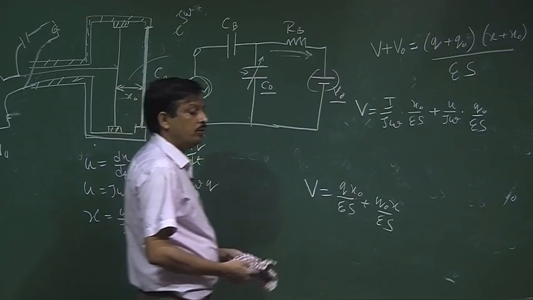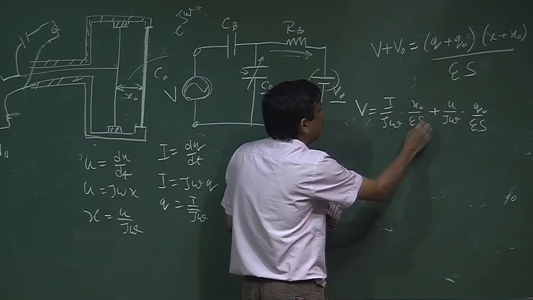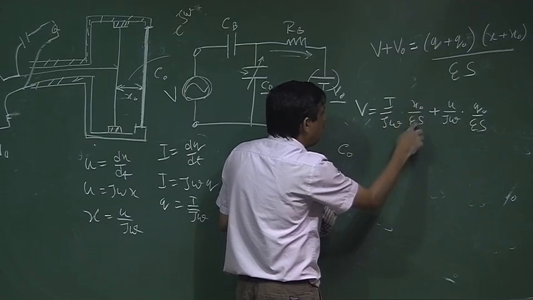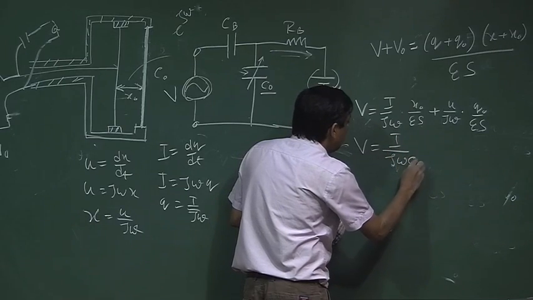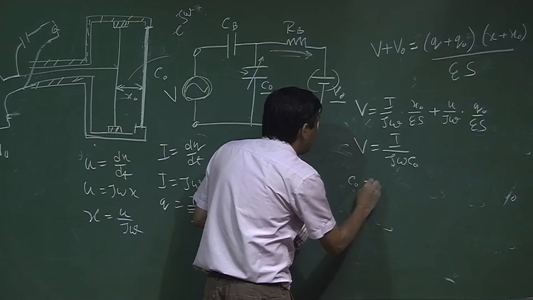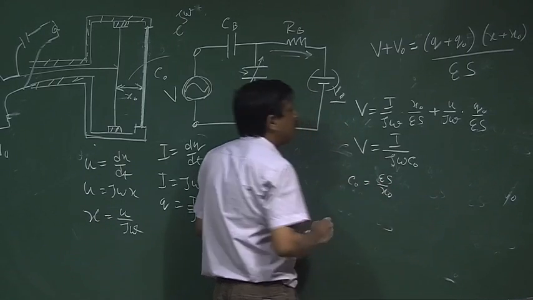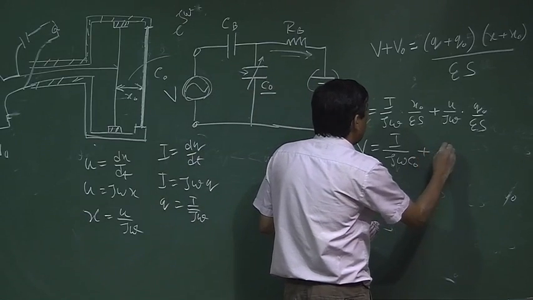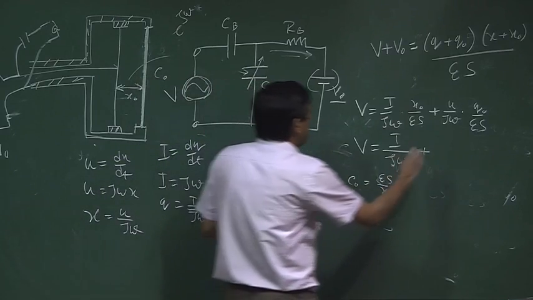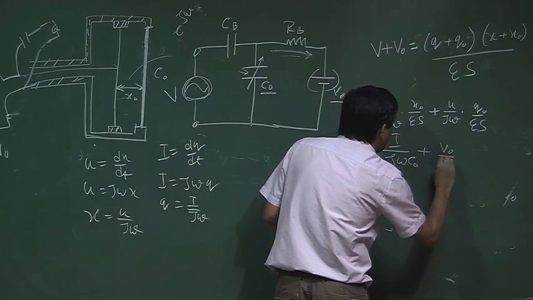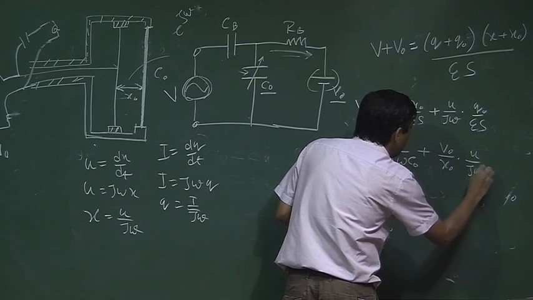Okay. Now, what is X0 by epsilon S? It is nothing but 1 by C0, where C0 is equal to epsilon S by X0. So, I can write V is nothing but I by j omega C0, plus Q0 by epsilon S, which is nothing but V0 by X0, into u by j omega.